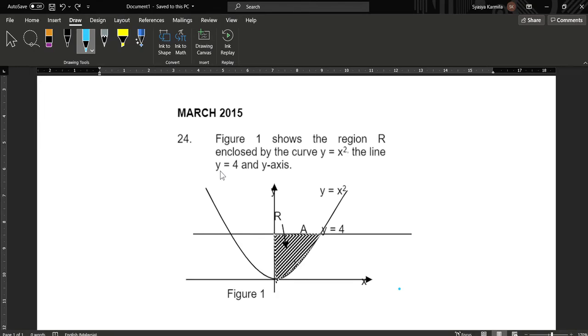I will present this figure 1. It shows the region R enclosed by the curve y equal x squared and the line y equal 4 and y axis.